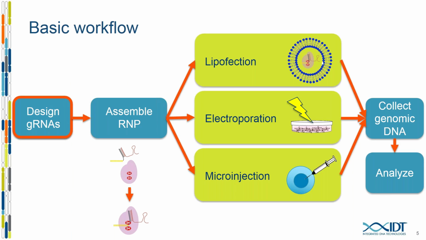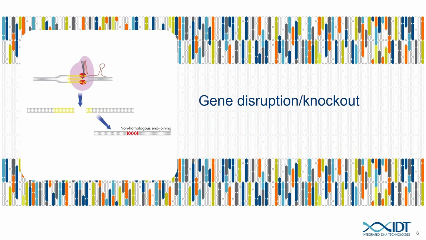So starting with the guide RNA design. We'll take a look at that first for a gene disruption knockout type experiment, where the goal here is to select a guide RNA that matches a coding sequence for a gene of interest and induces a double-strand break within, say, an exon of that gene.